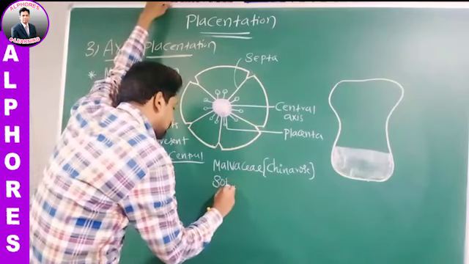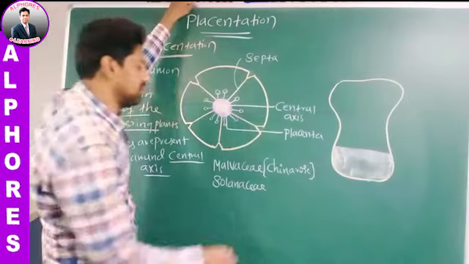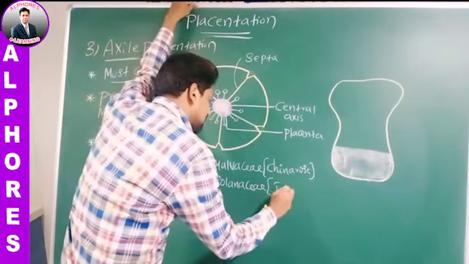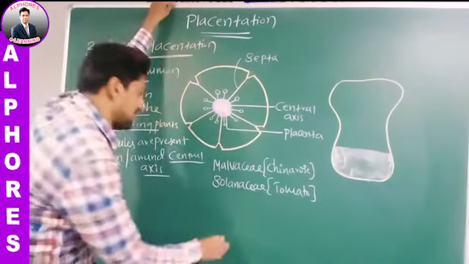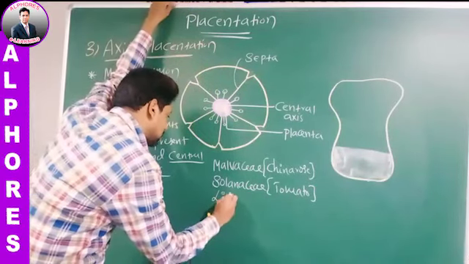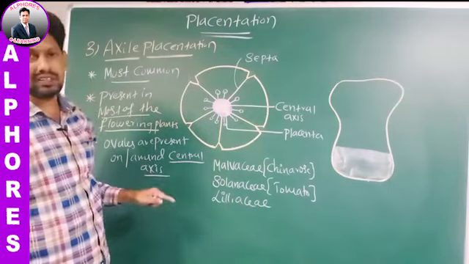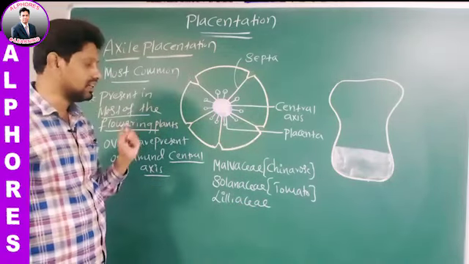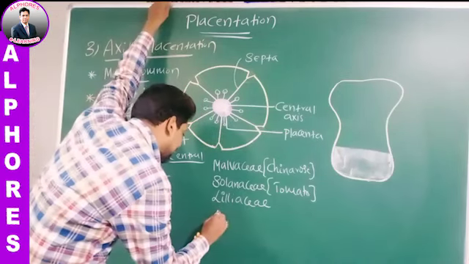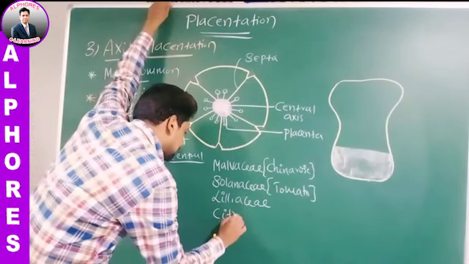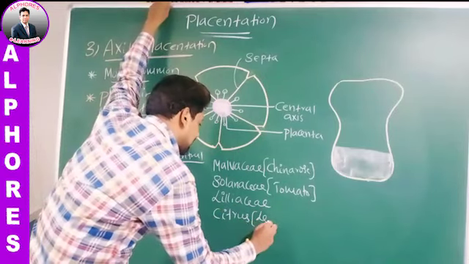Second, Solanaceae family, the best example being tomato. Number 3, Liliaceae family. And you can also take citrus, which is nothing but lemon.